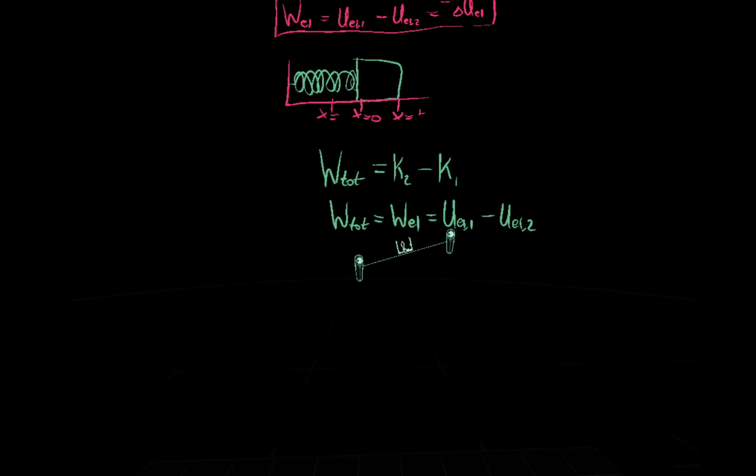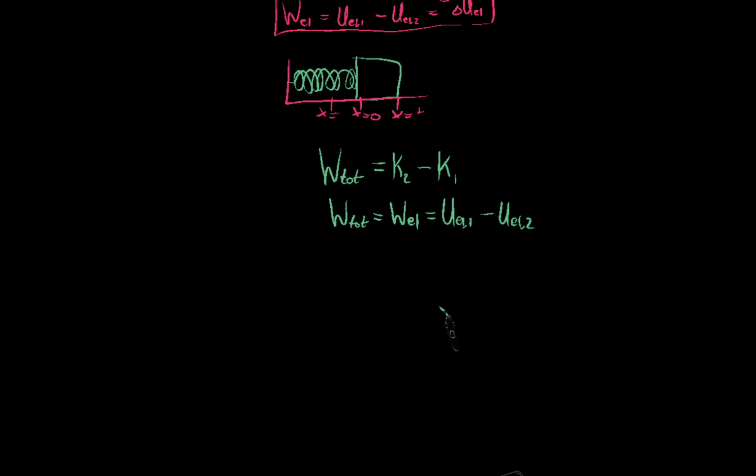I know we already wrote something similar to this, but this builds up to something new. So the work energy theorem, if you put those two together, gives K1 plus U elastic 1 is equal to K2 plus U elastic 2.